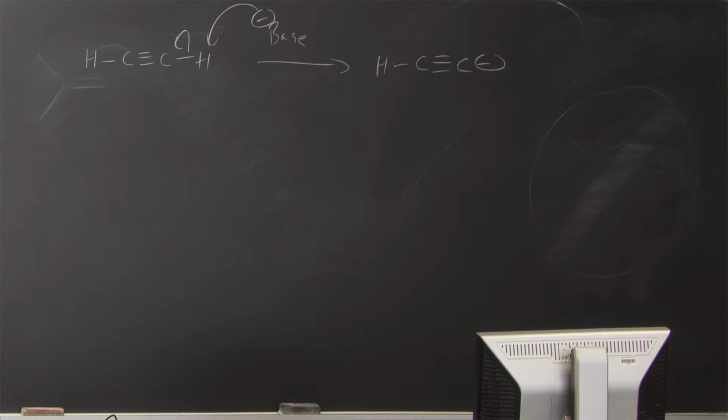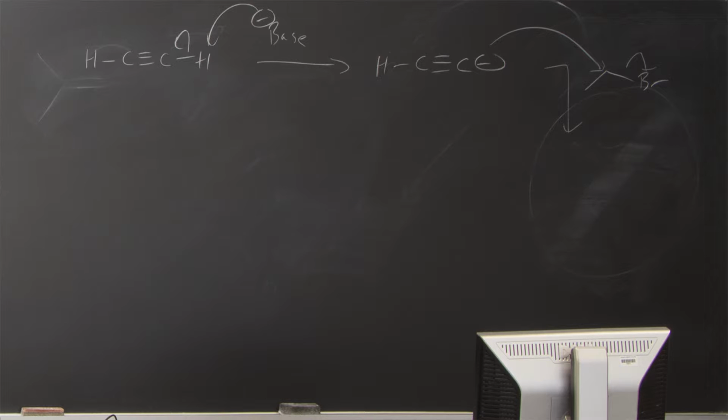The useful point here is that I can actually treat this with something like an alkyl halide. I'm just going to use a simple one like bromoethane, and I get something I told you was going to come back and haunt us over and over and over again. I get an SN2 reaction.